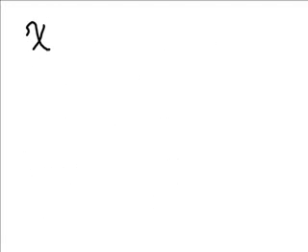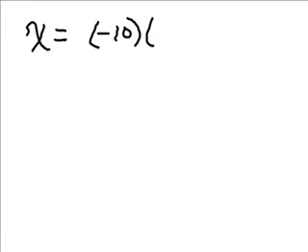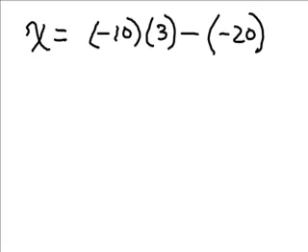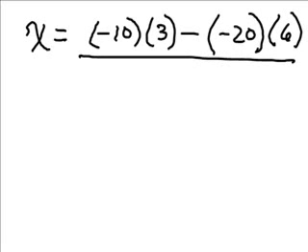So x is going to equal a1, which was negative 10, times g2, which was 3, minus a2, which was negative 20, times g1, which was 6, all over negative 10 minus a negative 20.